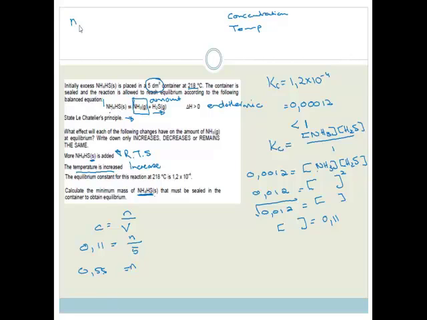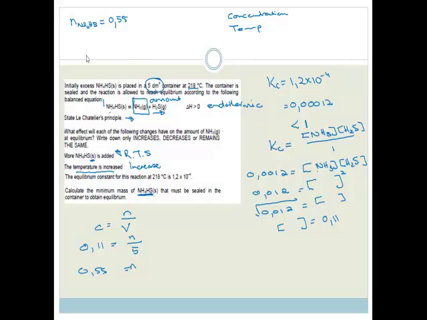So the number of moles of NH4HS is 0.055. Now to get the mass, what do we need? We need the molar mass. So you guys need to get out your periodic tables so you can find the molar mass of this.